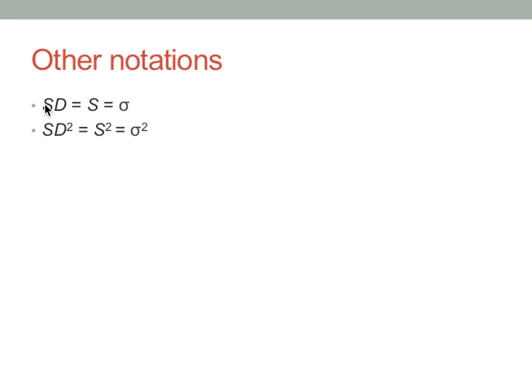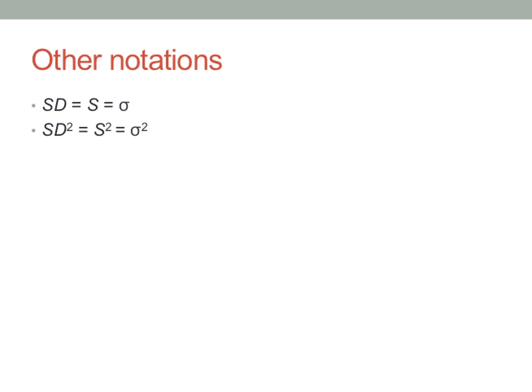That SD is standard deviation. Variance is SD squared, because, as we just saw, standard deviation is just the square root of variance, and therefore variance is the standard deviation squared. So standard deviation is SD, and variance is SD squared. If you use that notation, I'm fine with that.